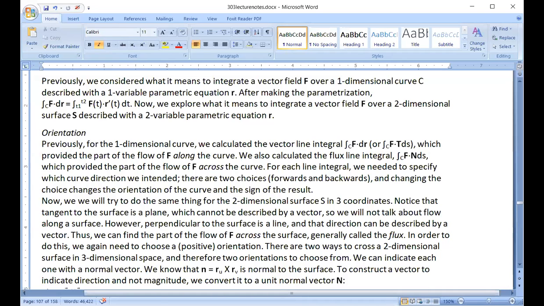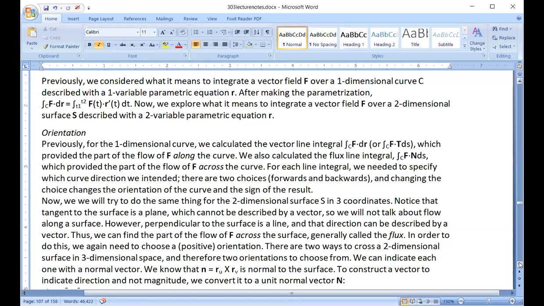For our calculations, sometimes we're going to want the direction of the normal vector, but we do not want it to contribute any magnitude. When you want just a direction with no magnitude, you take the vector and divide it by its magnitude to give you a unit vector, which is like a direction vector.